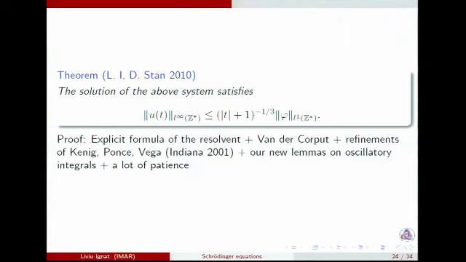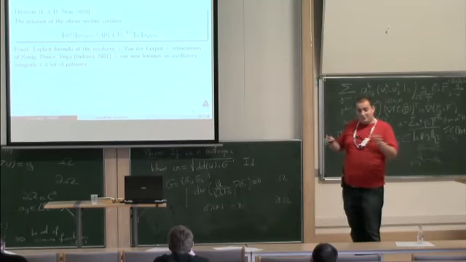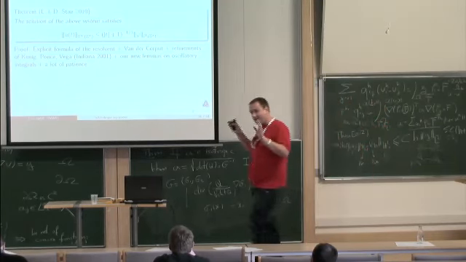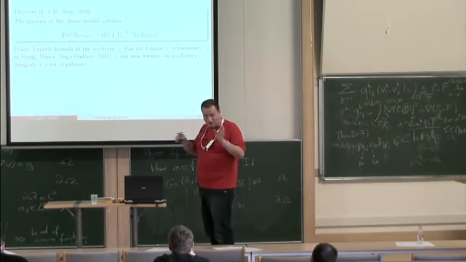But you need to make a lot of computations since you need an explicit formula for the resolvent. You have to apply the Van der Corput lemma, which we know from before, some refinements of the Van der Corput lemma obtained by Kenig, Ponce, and Vega in 2001, some new lemmas on oscillatory integrals, and a lot of patience since the computations are crazy and you have a lot of constants to control.